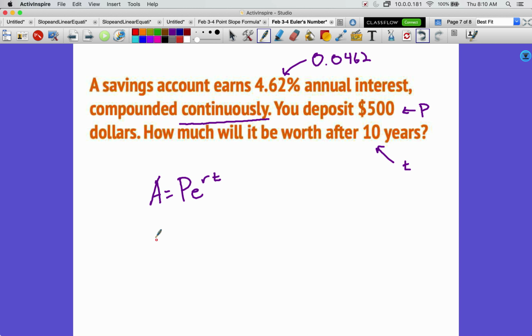All right, so our final amount A equals 500 times e to the power of 0.0462 times 10. Plug this into our calculators.